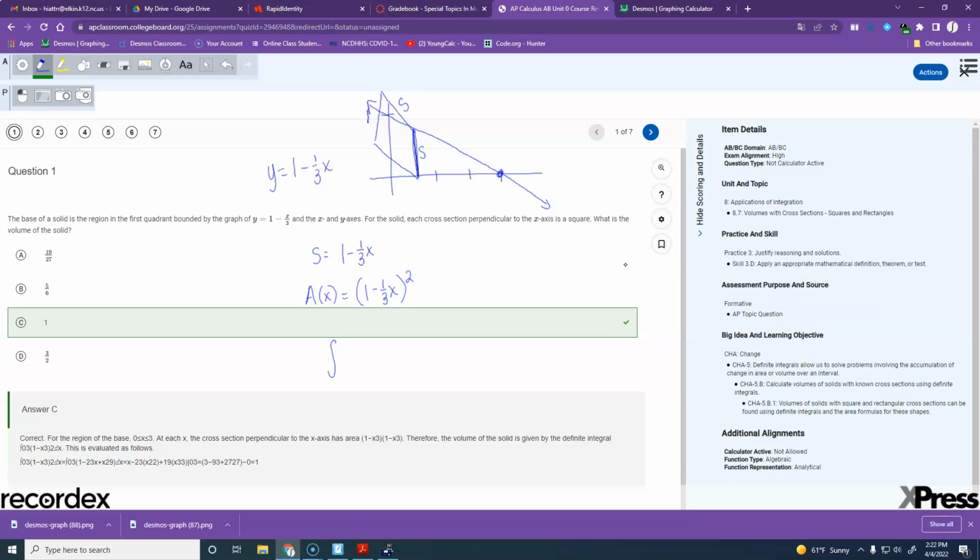What limit should I put on the integral? 0 to 3. Yeah. You're looking at your x-axis because this is a dx problem. So for the area of the base, the lowest x-coordinate would be right here at 0. And then it goes all the way up here to 3.